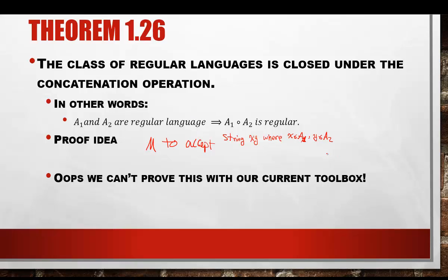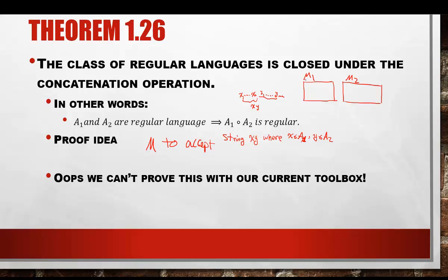Now I'm going to attempt very roughly to sketch this out and show it to you, to see if you can see why it doesn't make sense to do it just as we did with the other three operations. So let's say that you have an M sub 1 and you have an M sub 2, and you have a string that can be broken into an x and a y, where x is x sub 1 to x sub n, and y is y sub 1 to y sub m.